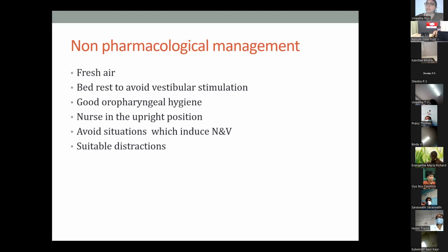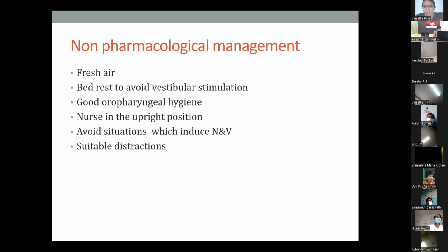And avoid situations which induce nausea and vomiting. So it can be any smells, or any very spicy or sour or bitter food. Okay. And suitable distractions. Distract the patient, especially chemotherapy patients. One thing that is being seen in the daycare chemotherapies is that there is TV or there are magazines available.